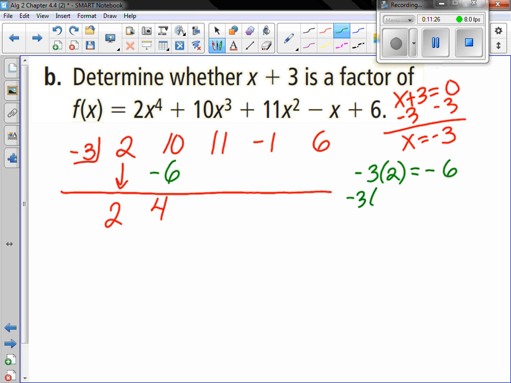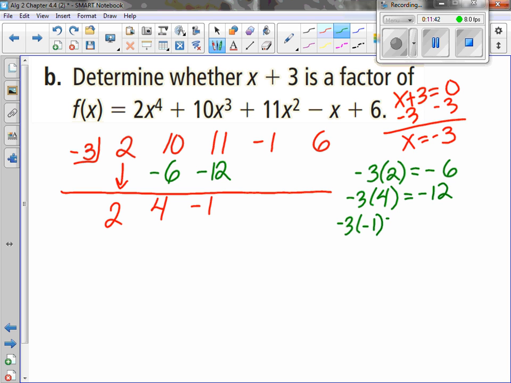Then we do negative 3 times 4, which is negative 12. 11 plus negative 12 would be negative 1. So we do negative 3 times negative 1, which would give us positive 3. Negative 1 plus 3 is going to be 2.